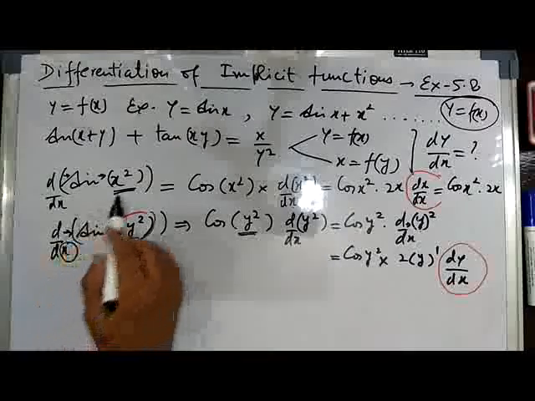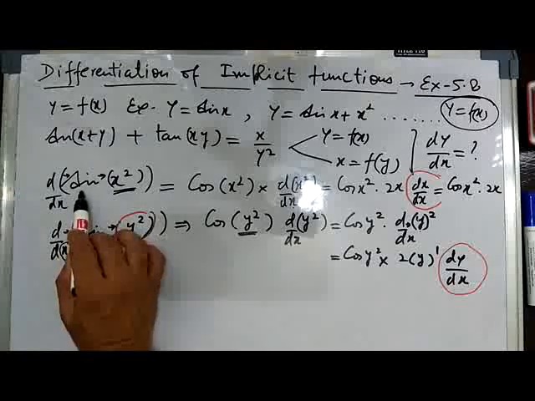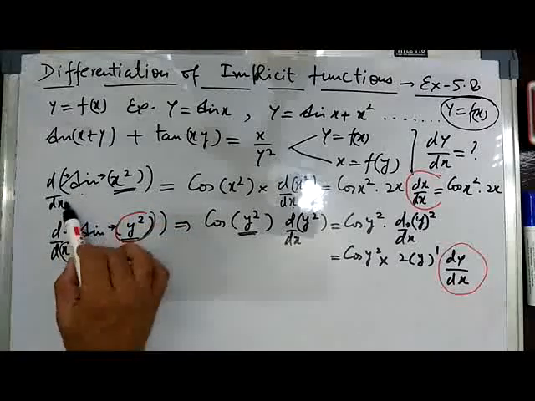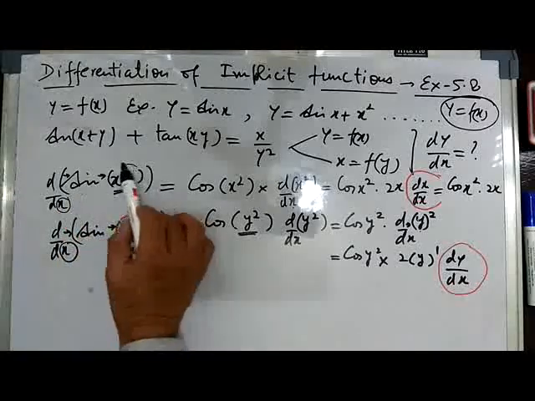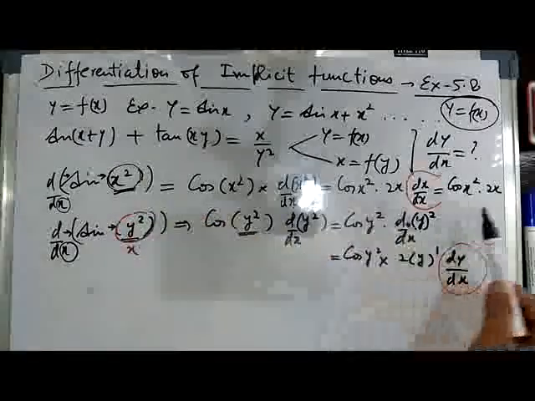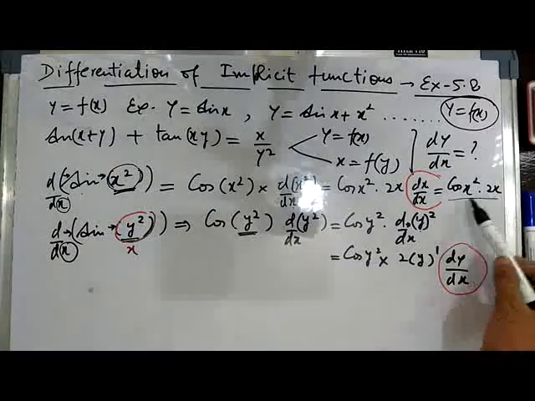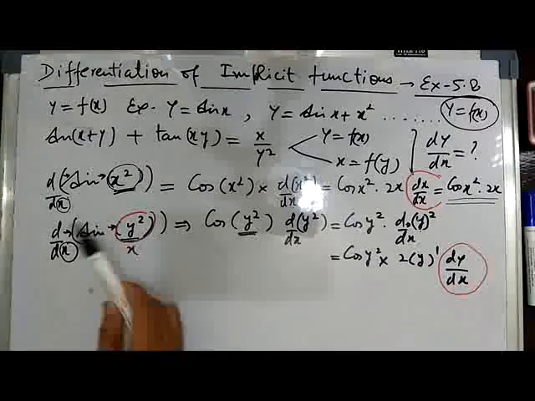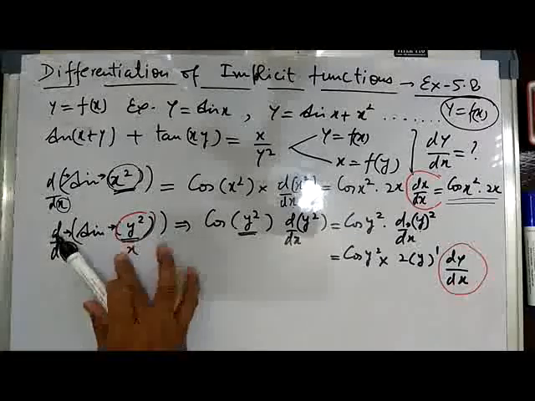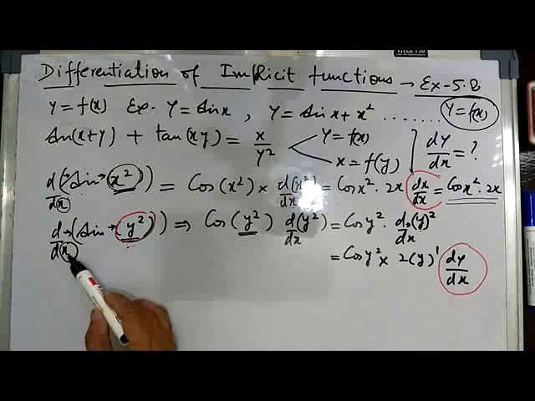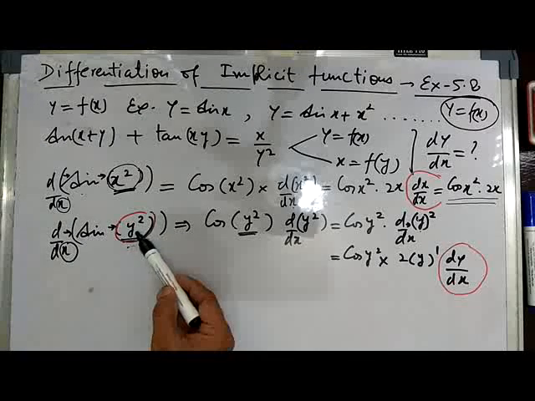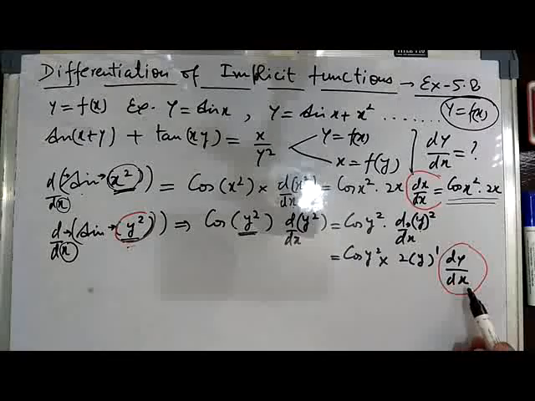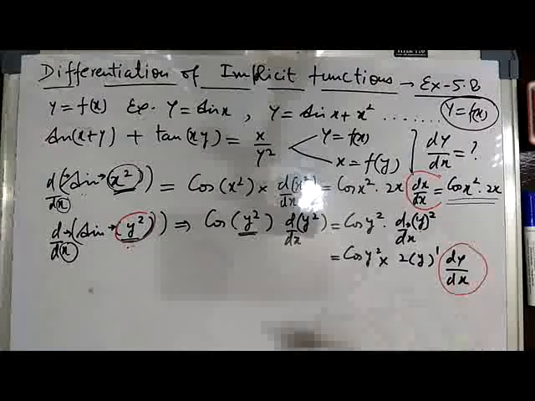So what we understand is, if differentiation of some function is taking place with respect to a variable which is also found inside the function, then in the end the step goes like this. But if differentiation of this function is taking place with respect to x, but in the function some other element is there, then in the end we write dy dx.